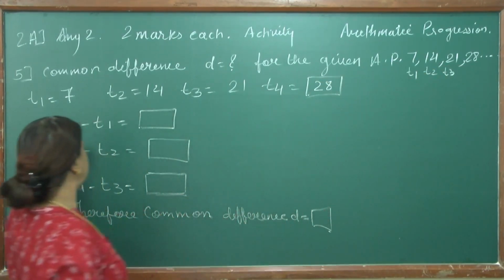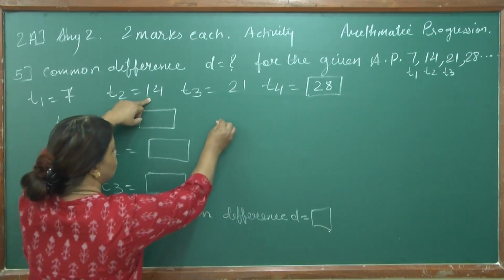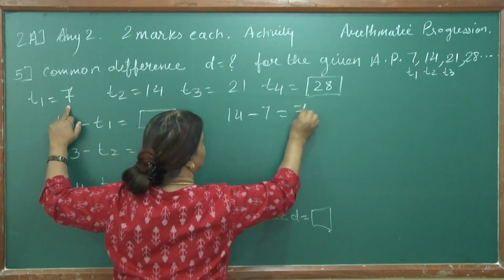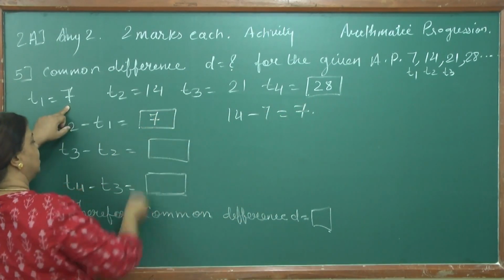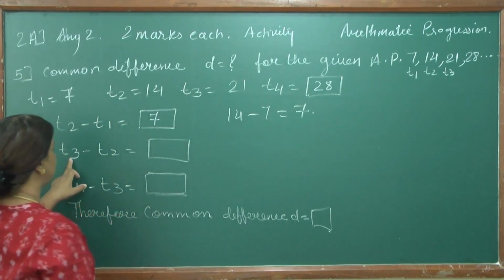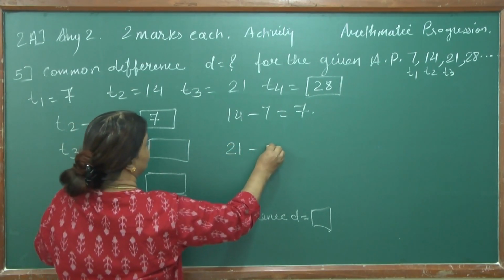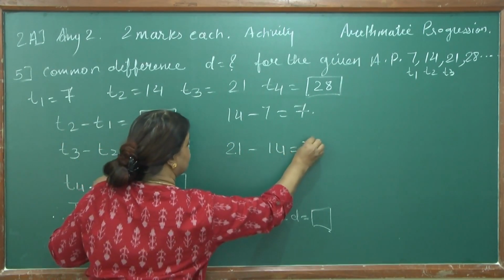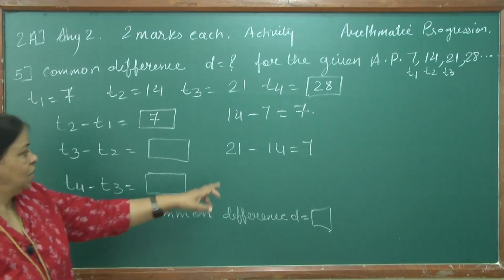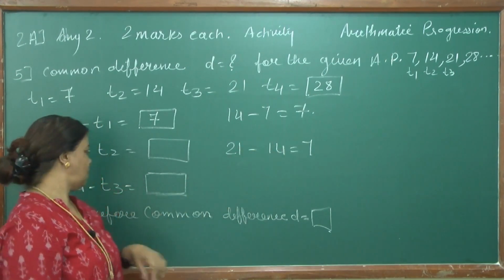Fine. Now T2 minus T1: T2 is 14, so 14 minus T1 which is 7 is equal to 7. T3 minus T2: T3 is 21 minus T2 which is 14, again 7. 21 minus 14 is 7.